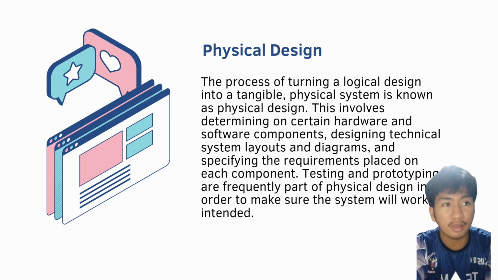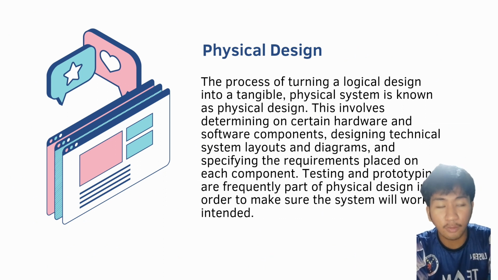Testing and prototyping are frequently part of physical design in order to make sure that the system will work as intended. It says here that physical design is a stage wherein we are transforming logical design into a concrete or physical system.